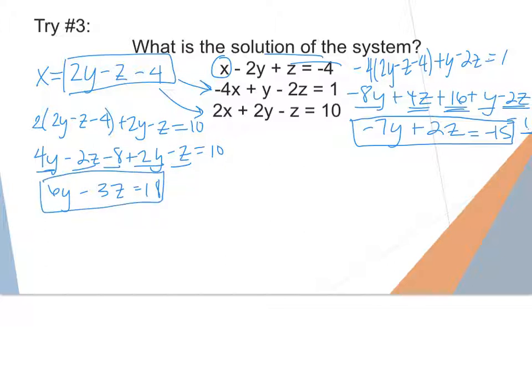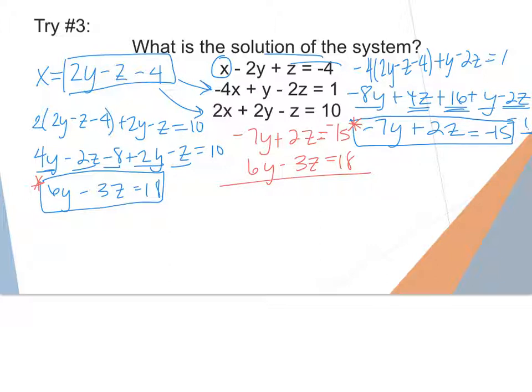All right, now that I've fixed those two equations, I'm going to put them together in the center. So let's do that. Negative 7y plus 2z equals negative 15. And the second one is 6y minus 3z equals 18. All right, right off, I'm going to go ahead and choose to eliminate z because the least common multiple there is 6, whereas the least common multiple for y's is 42.